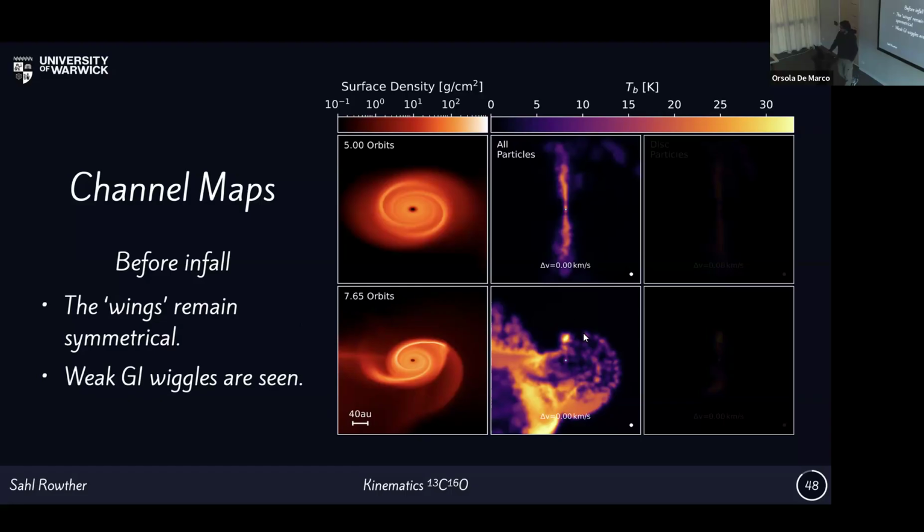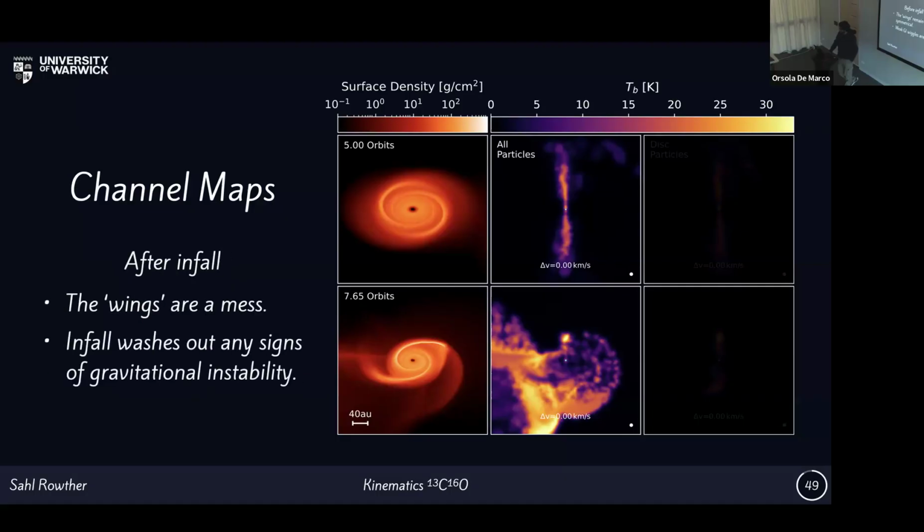After infall, the infalling gas dominates the emission completely, and it's hard to see what is actually happening to the disk.